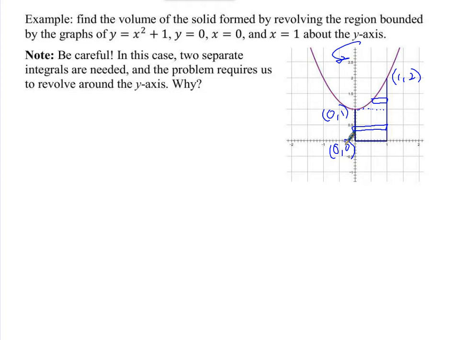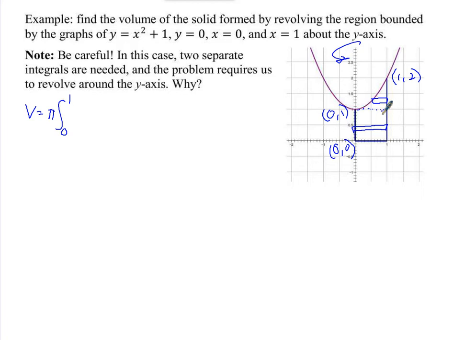V equals pi times the integral from 0 to 1 of... So what is it? y equals 0 because it's the y-axis. What's the radius? It's 1. We go from here out to here. That distance is 1, and it's a constant 1 the whole time.